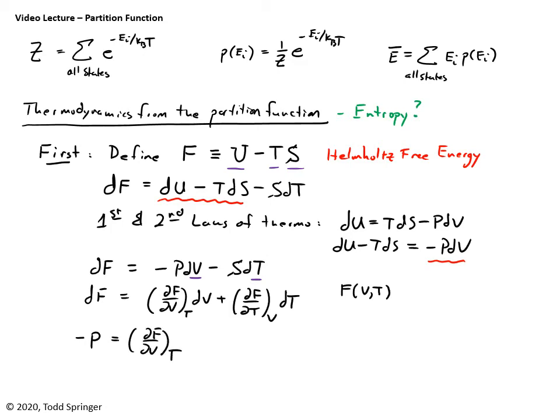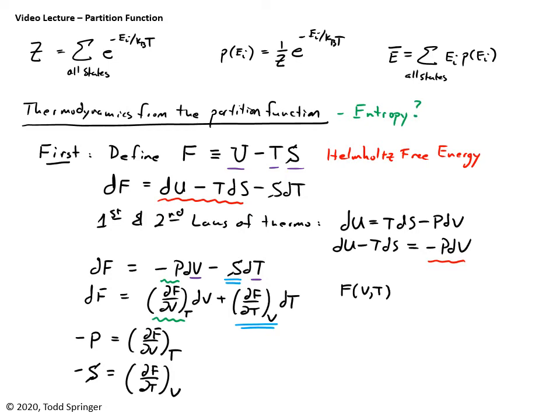So that comes from comparing this coefficient here with this coefficient, and then comparing this coefficient here with this coefficient. So minus P is dF/dV at constant T, and minus S is equal to dF/dT at constant V. Okay, so what does this tell us?